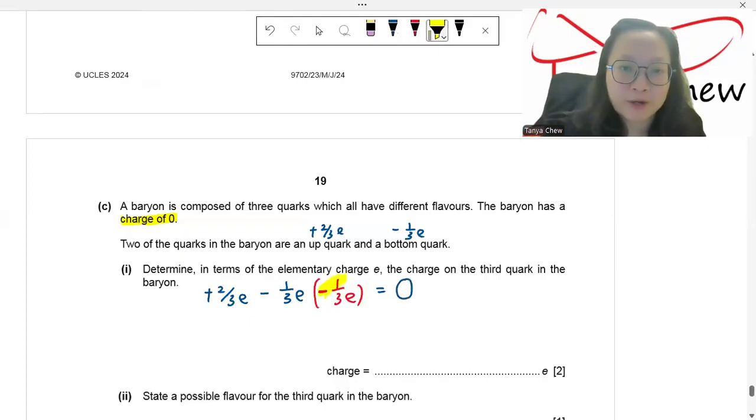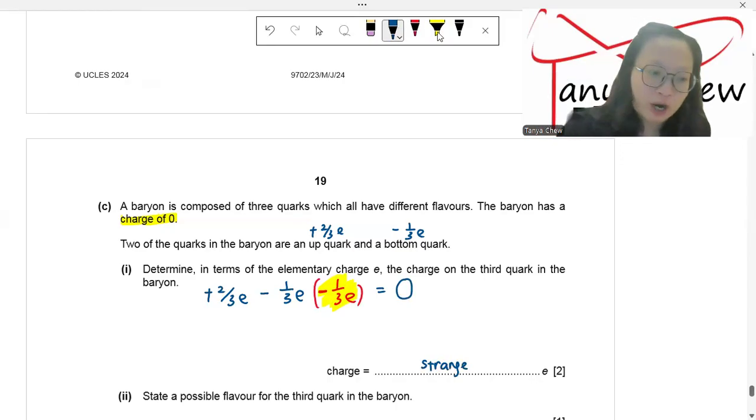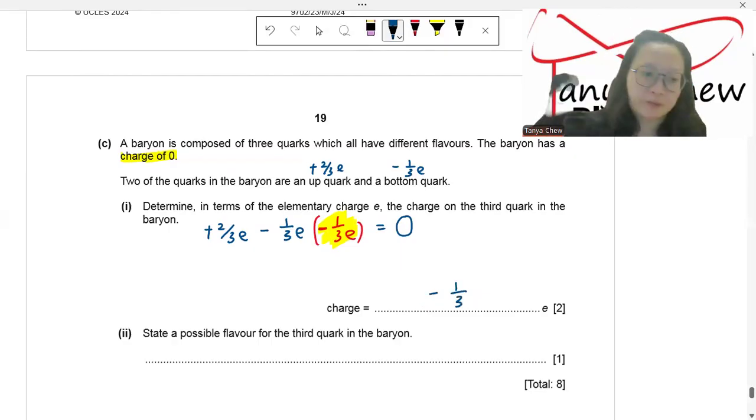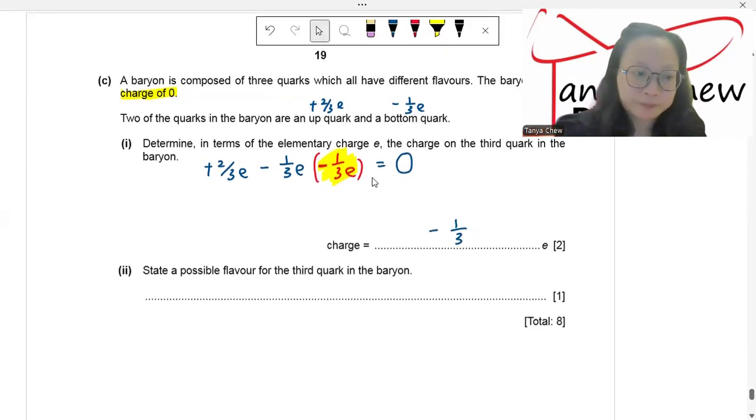Okay, the charge is -1/3. e has already been given, so I'm not going to write it now.